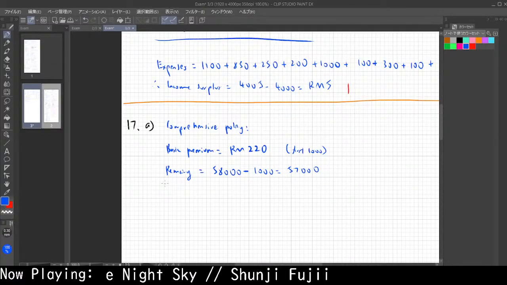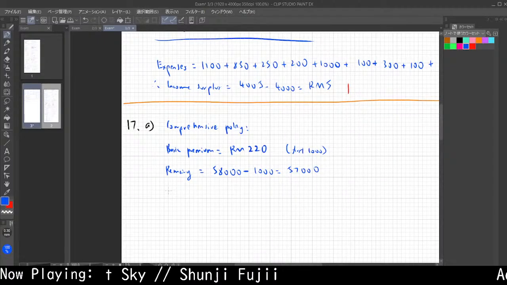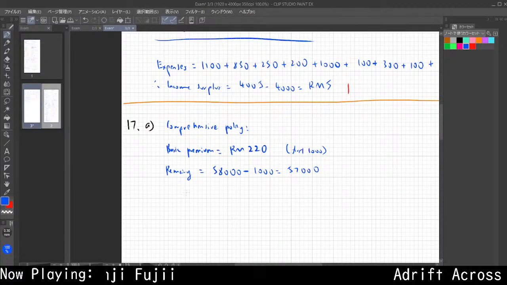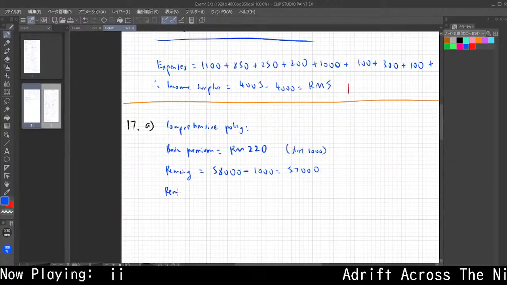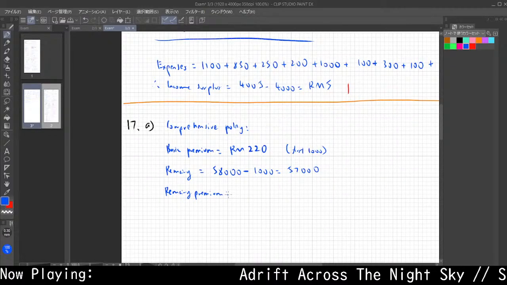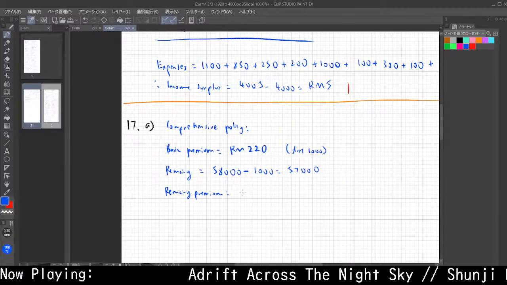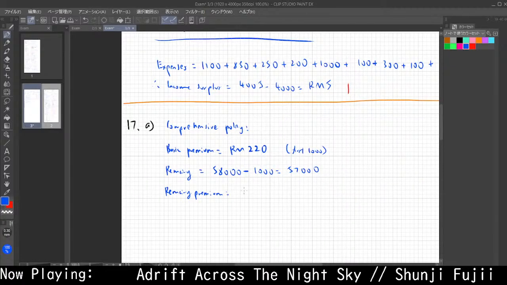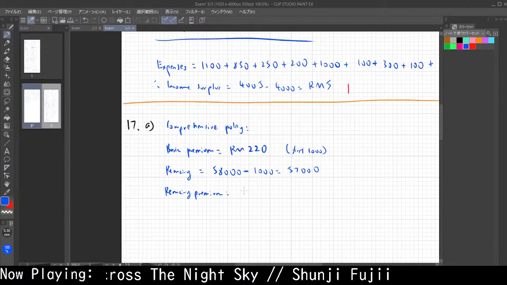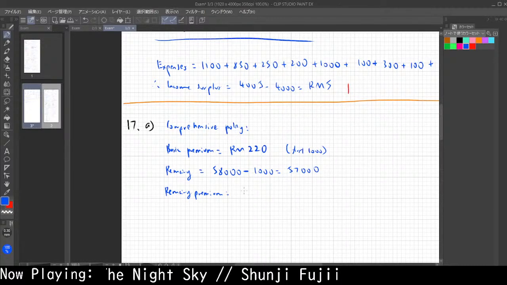Then your remaining premium to be calculated would be for each 1,000. Since it's Sabah and Sarawak, the value will be 20.30 ringgit, 20.3.